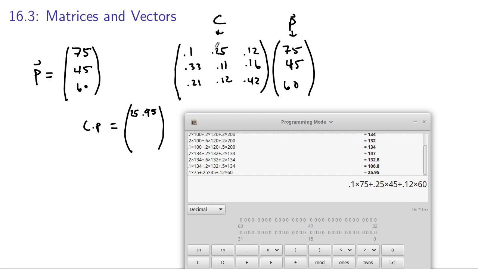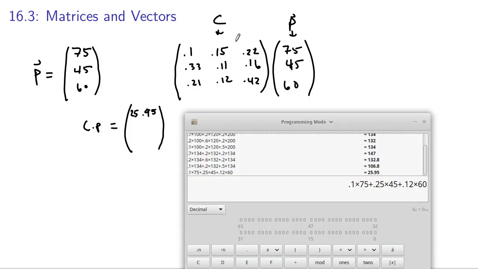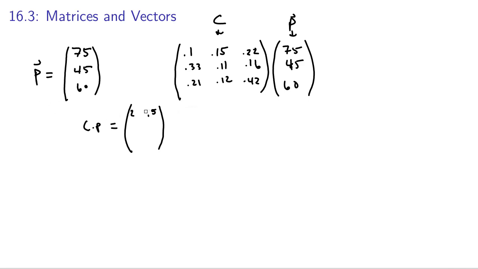The C matrix in the middle shows these values, but in the example, it shows 0.15 and 0.22. So we'll pretend that these are the right numbers and that the matrix above is wrong in the middle. Okay, so that would mean 0.15 and 0.22. And that gives us 27.45.